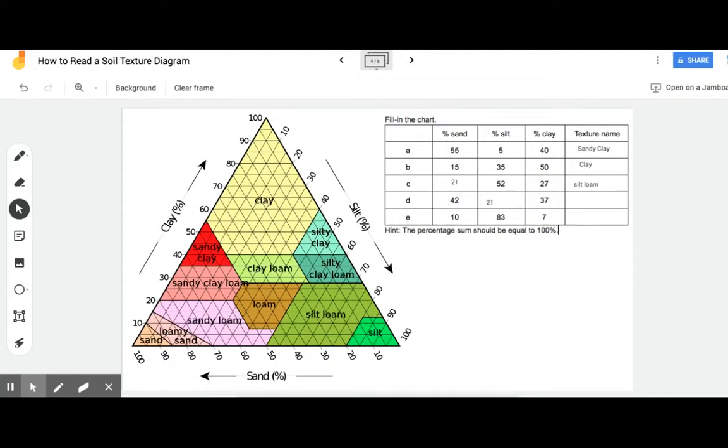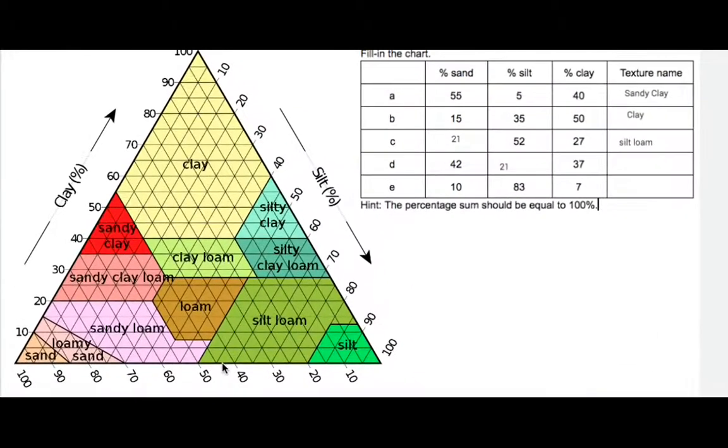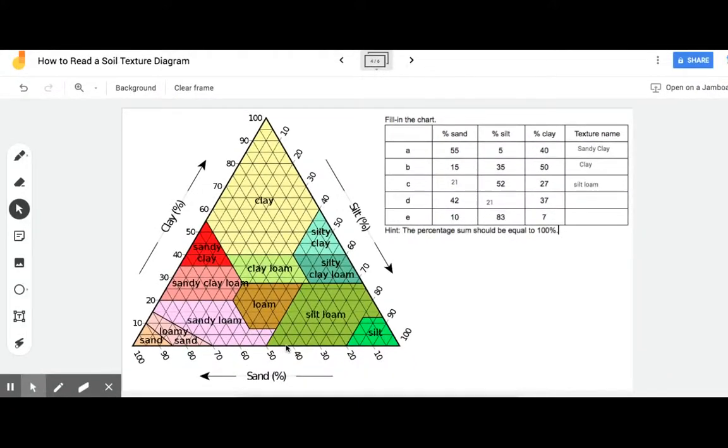Now we are going to identify the texture name by looking at those grids on the triangle. Okay, so we have 42% sand. So if this is 45, so 42 is somewhere here. And then 21% silt.